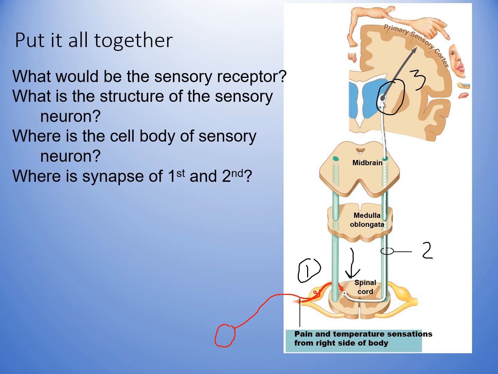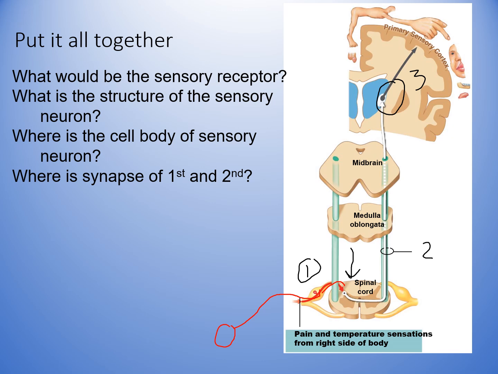Now, this neuron that has the nociceptor comes into the spinal cord and it synapses in the dorsal horn of the gray matter. And we know that that area is the synapse where you transfer or talk about somatic sensory information.